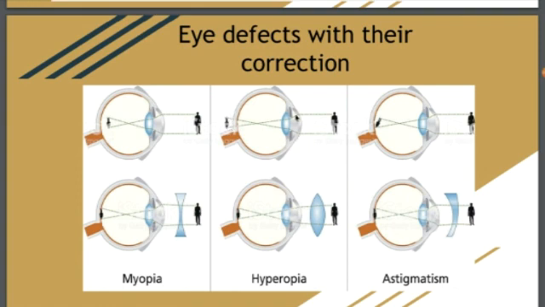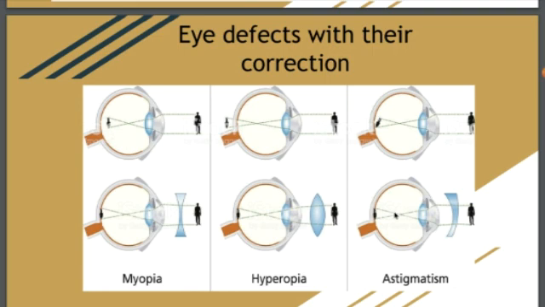To reduce this focal length, we use a convex lens so that the focal length is reduced and the image is projected on the retina. The defect of hypermetropia may be because the focal length of the lens is too long, or sometimes the eyeball becomes very small.